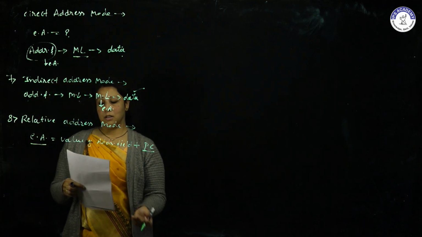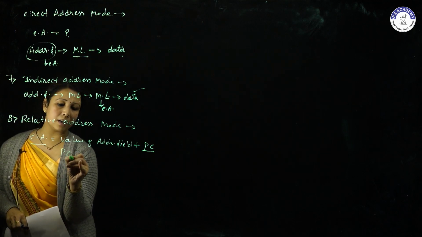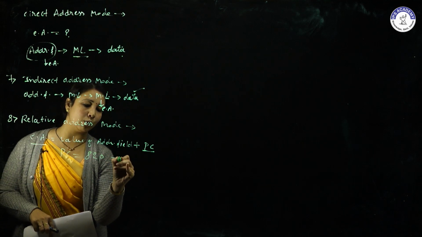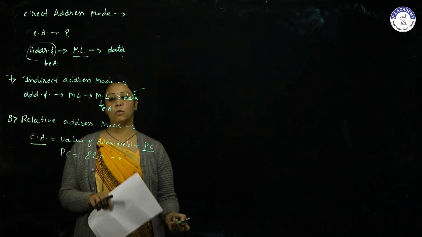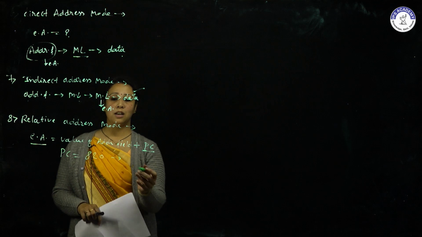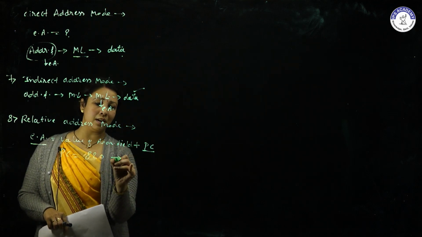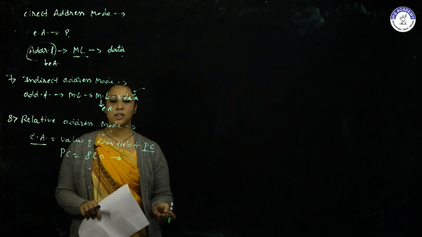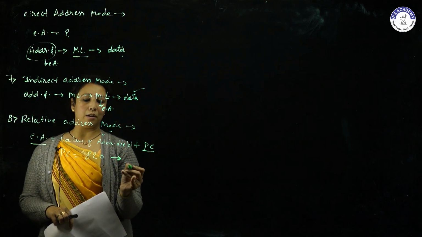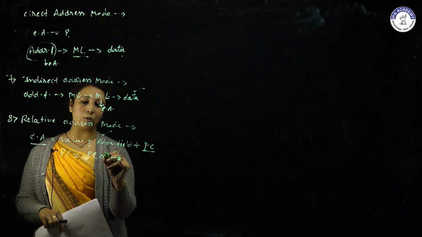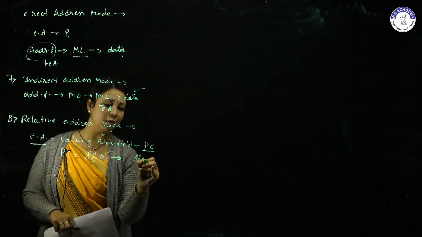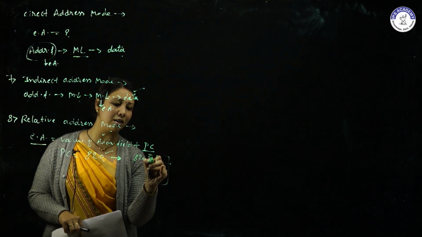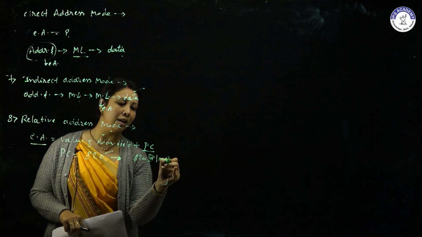Suppose the program counter contains the value 820. When we go to this location 820 in memory, we find the instruction: opcode, mode and address.